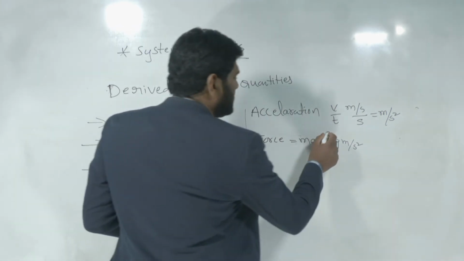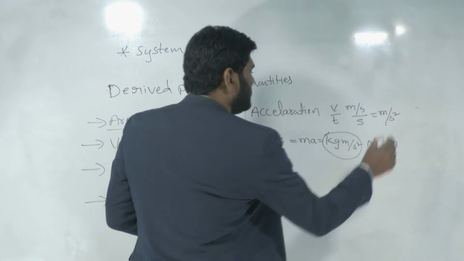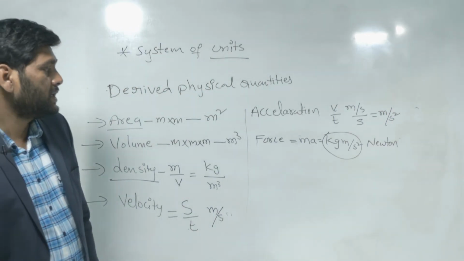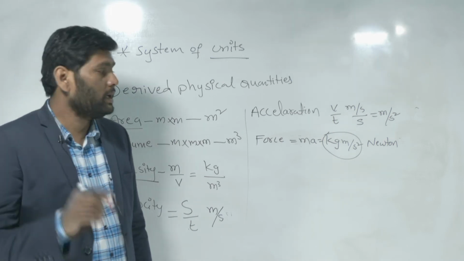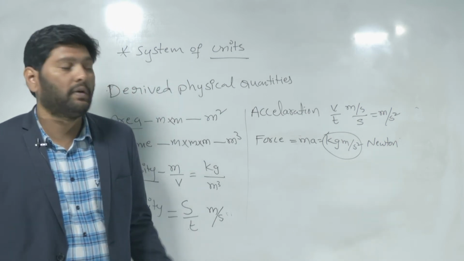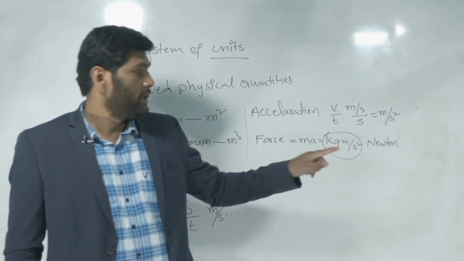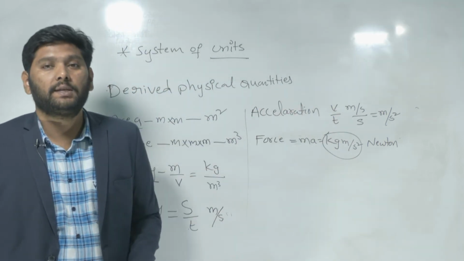This kg meter per second square is also known as Newton. Newton is a unit for what? Force, the SI unit. So why are we giving a name as a unit?